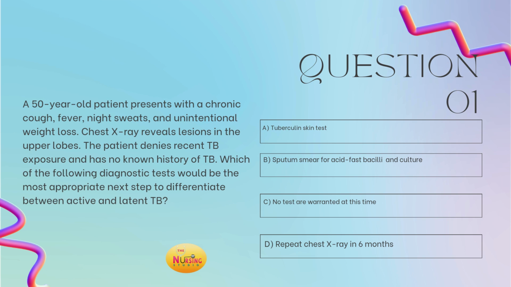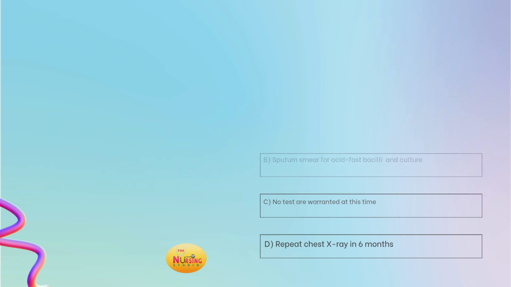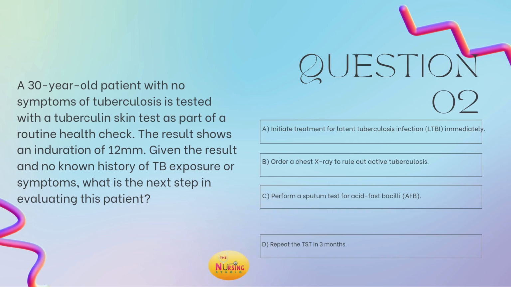Doing that sputum smear will allow us to identify if that is a positive, so then we can know that it's active at that point. Latent would be negative. So again, that best answer was B.